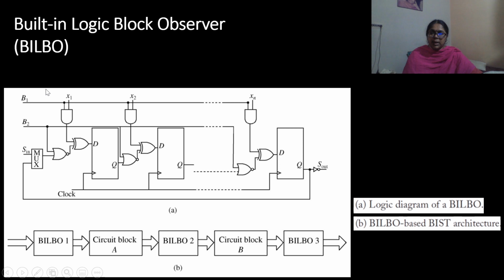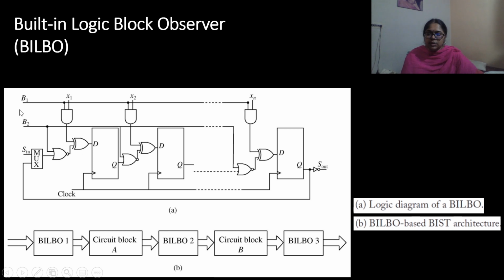B1 equal to 1, B2 equal to 1: BILBO behaves as a latch. Input data x1, x2, x3, etc. xn can be simultaneously clocked into the flip-flops and can be read from the Q and Q bar outputs of the flip-flops.